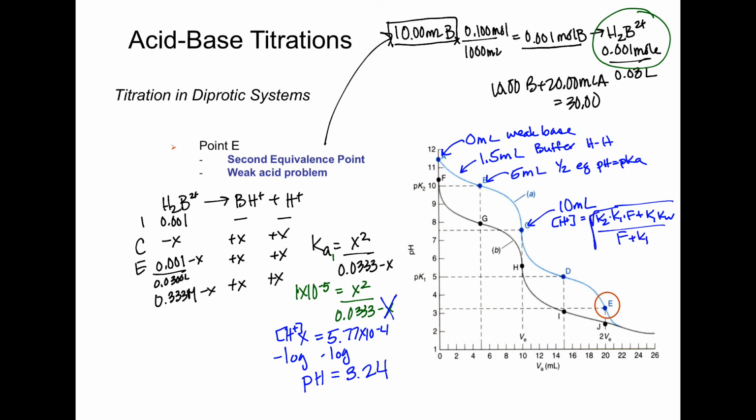That's how we calculated the pH at 10 milliliters. Then we calculated the pH at D, which was 15 milliliters, which was at a half equivalence point again, and the pH was equal to the pKa. And then we just did point E, which is a weak acid equilibrium. We used an ICE table to do that one.